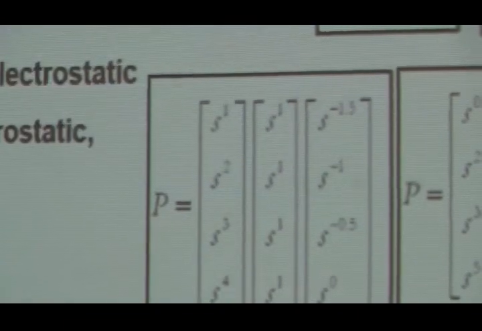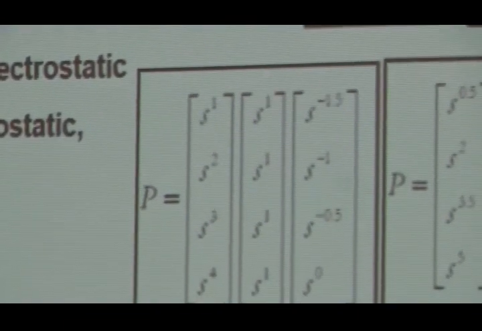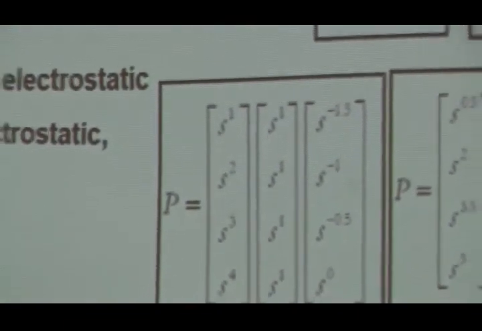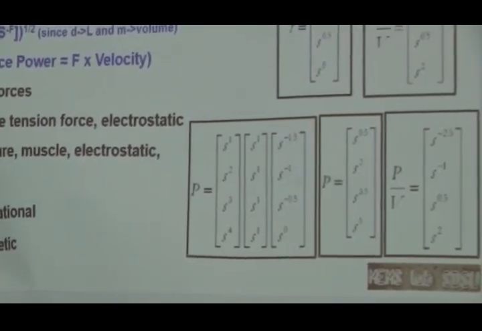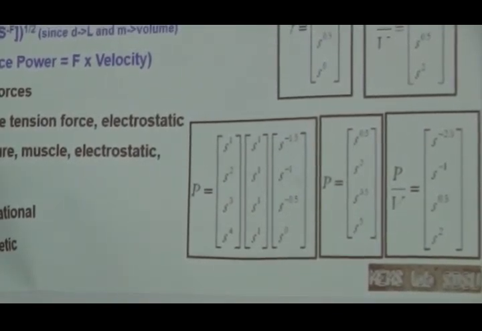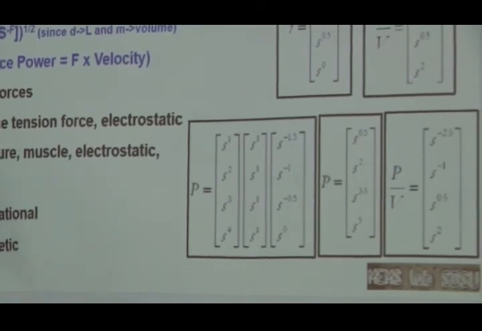Essentially what I'm doing is I'm just copying. So you have S1, but I'm inverting it so it becomes S to the power minus 1. And the next one is S to the power minus 0.5 because I'm inverting it. And then S0, if you invert it, you just get S0.